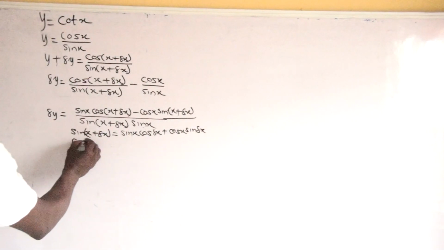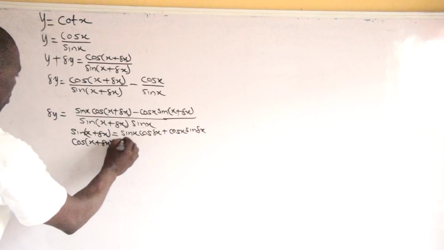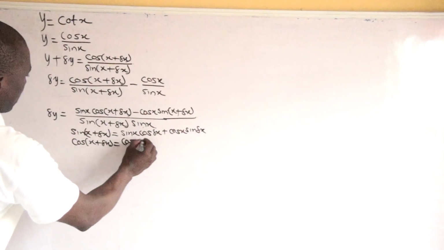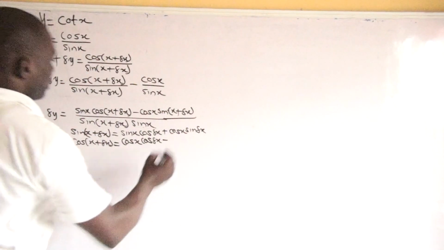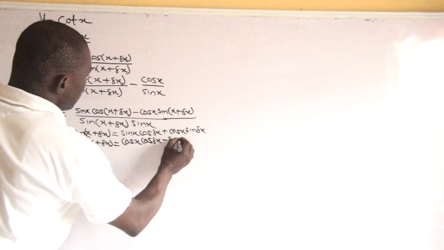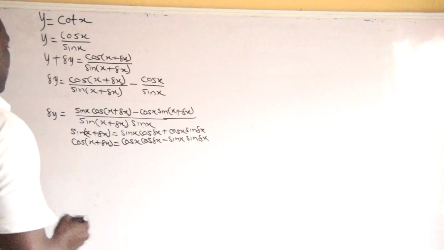And cos(x plus delta x) becomes cos x cos delta x minus sine x sine delta x.